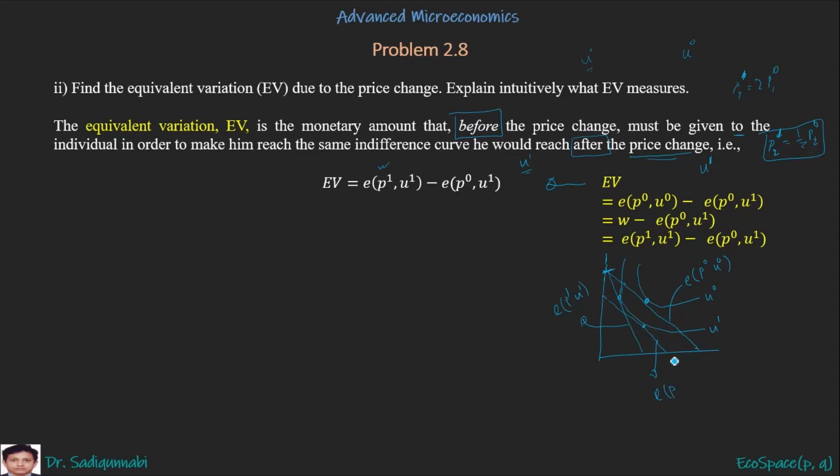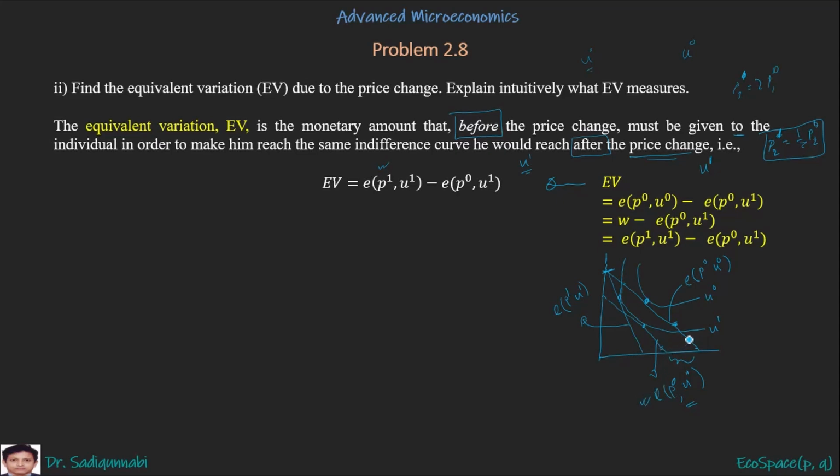EV is actually the difference between this parallel budget line, so the difference between E(P0, U0), this one, minus E(P0, U1), this one.